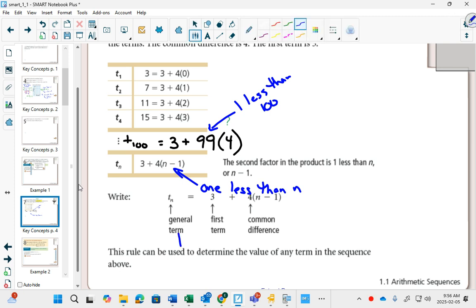So any term, the general term, will always equal the first term, which we can write as term 1, plus the common difference, which is d, times 1 less than n, so n minus 1.